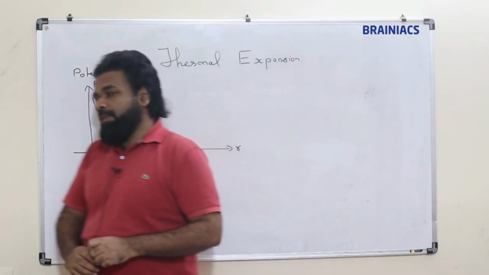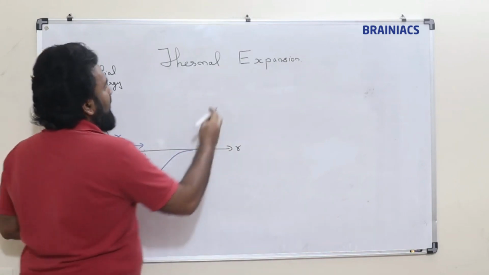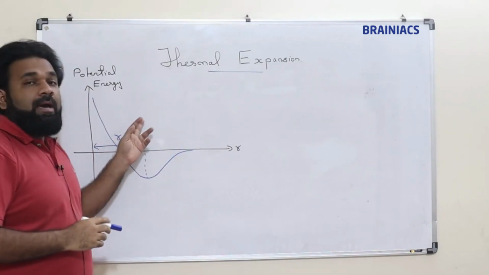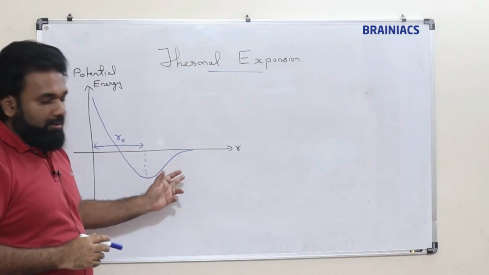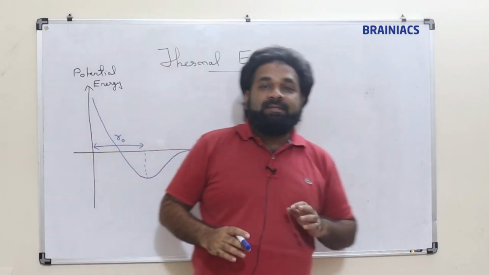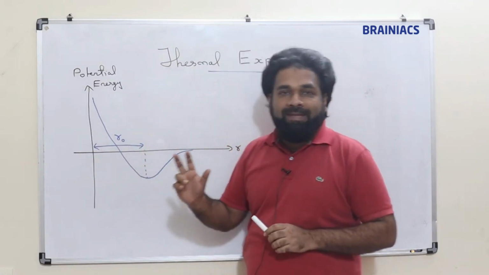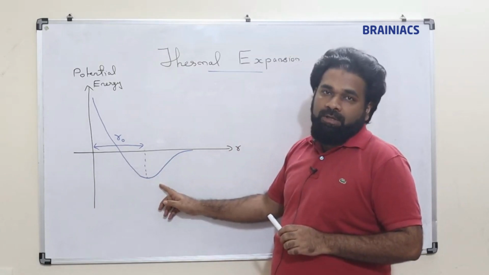So here the main reason for thermal expansion is mentioned as the asymmetry in the potential energy curve according to atomic asymmetry law. Okay, the reason for thermal expansion is the asymmetry in the potential energy curve.